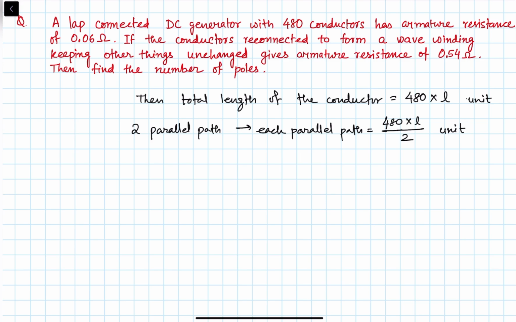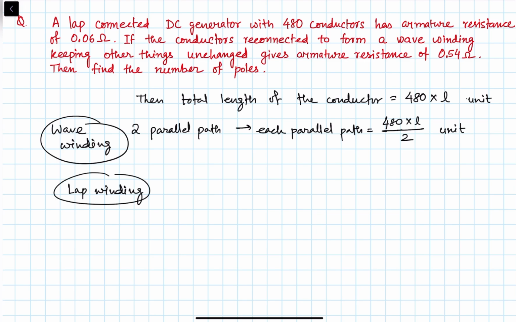That will be the length of each parallel path. So 2 parallel paths, this is for wave winding. Now in case of lap winding, the number of parallel paths is equal to the number of poles.